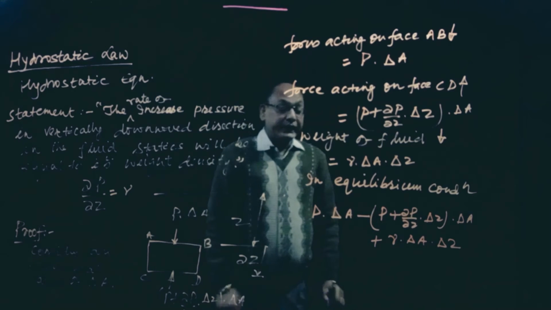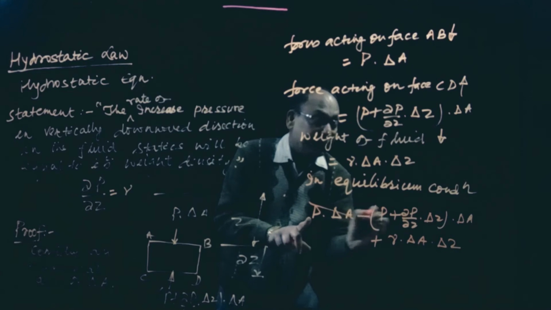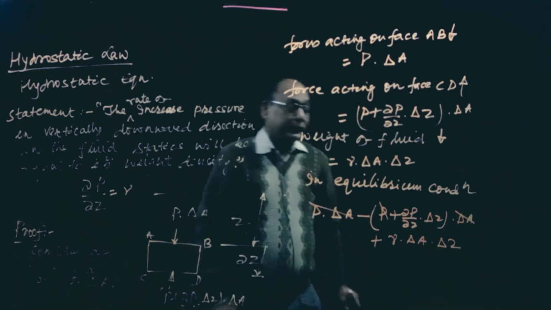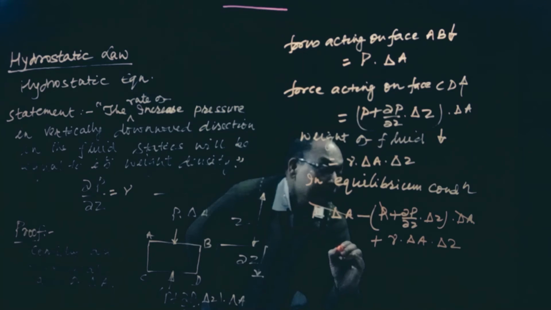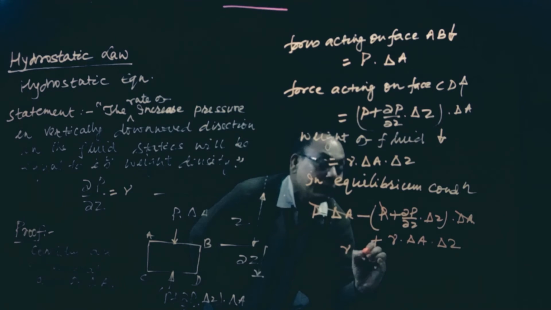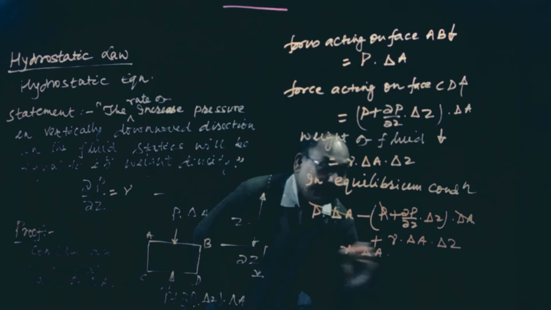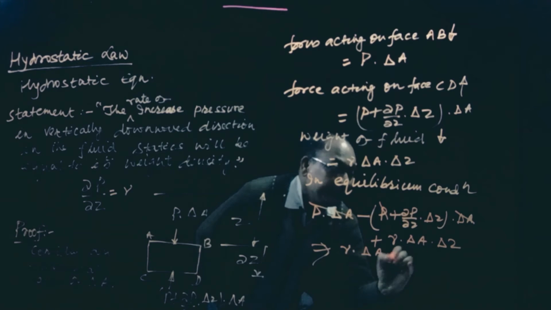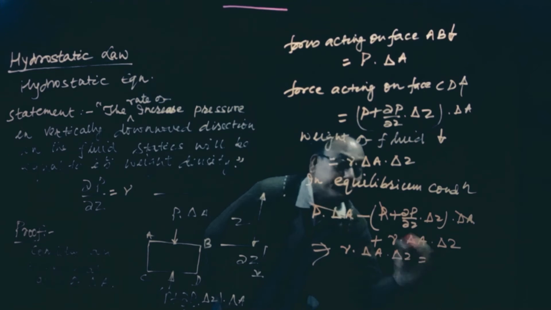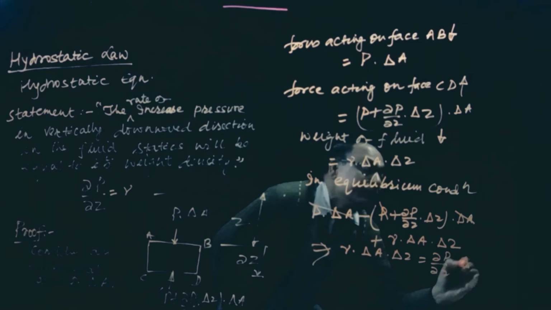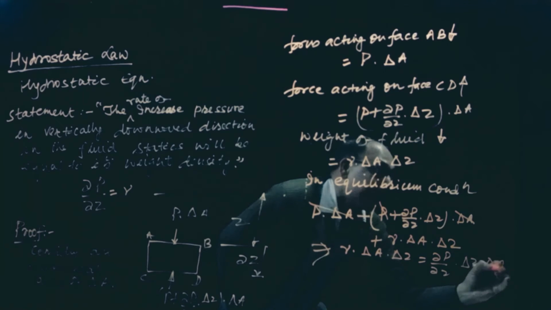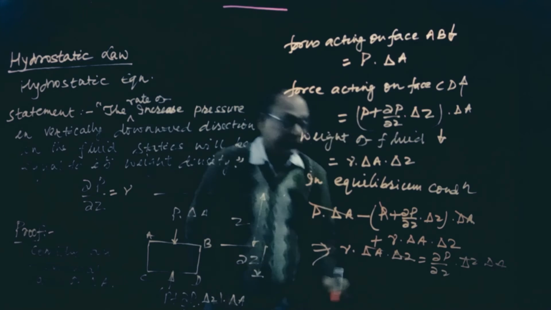Now see, P into delta A and this P into delta A will get cancelled. So gamma into delta A into delta Z will be equal to, the minus going to the other side, dP by dZ into delta Z into delta A. So delta Z and delta A get cancelled.